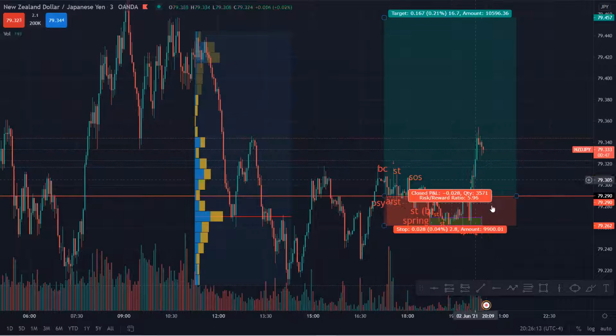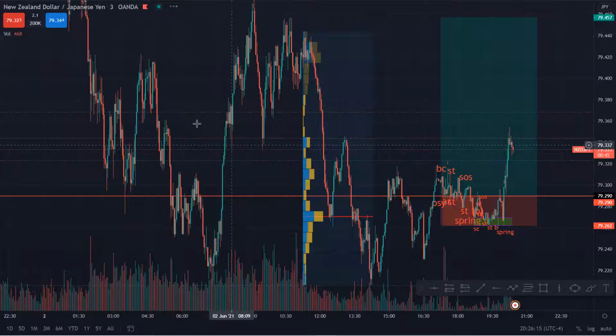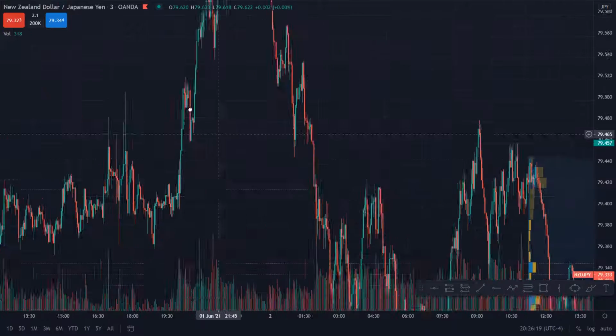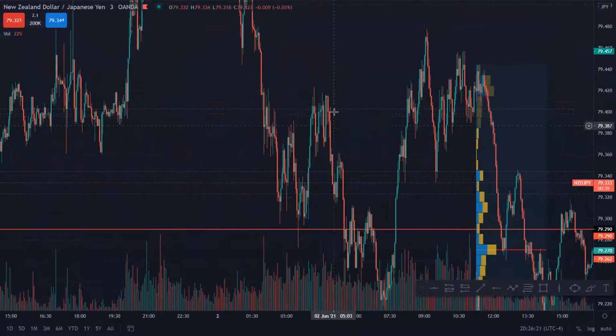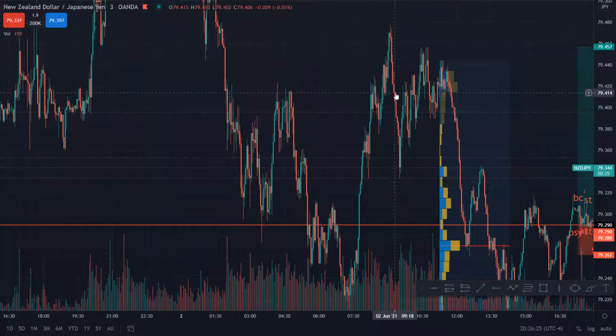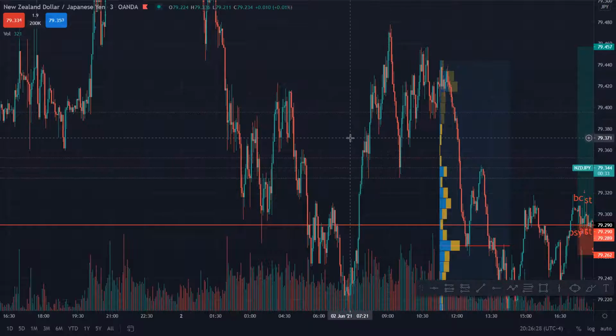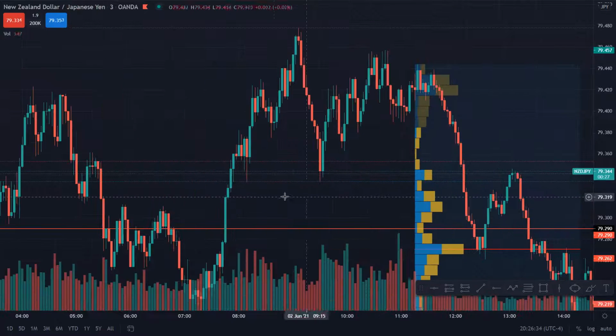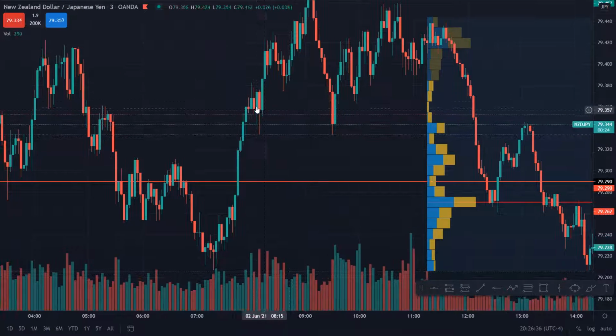But yeah, that's basically the breakdown of this trade that we're in. I actually want to show you guys today's loss that we had and how the market kind of juked us out. We woke up at 7:30. Where was 7:30? We entered this market around here. So we anticipated this sell.